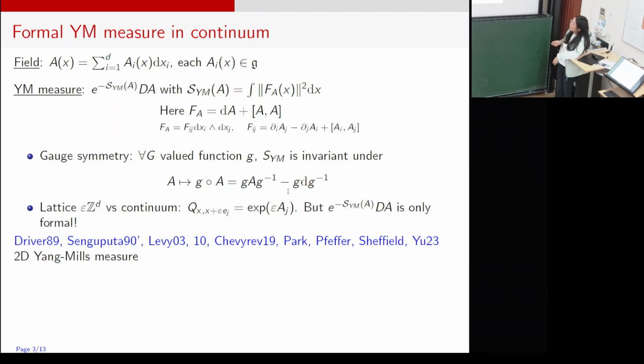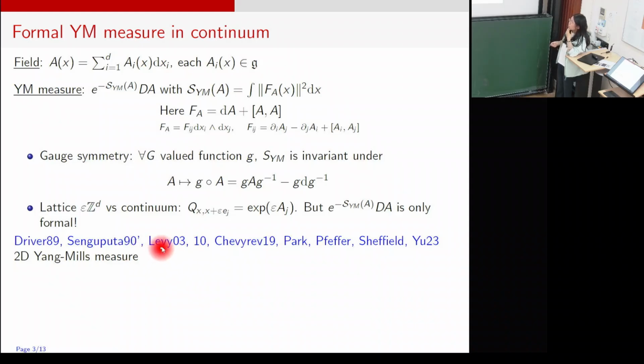Based on this idea, in 1989, Driver used it to give the joint law of the gauge invariant observables called Wilson loops on R^2. And later, Gupta extended his result to compact manifolds. And based on Driver's formula, Terry has studied a lot of interesting properties of these Wilson loops, such as the large N limit.